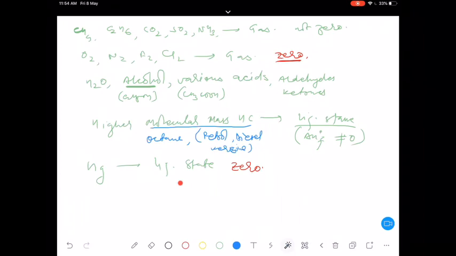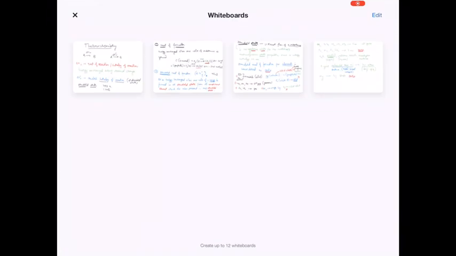So here we have defined various standard states. Now let's use this concept so that we can define standard heat of formation. Here I'll start with various examples of formation of carbon dioxide.